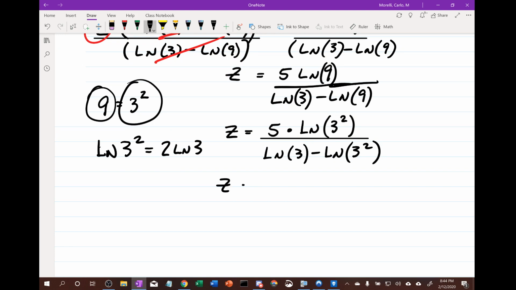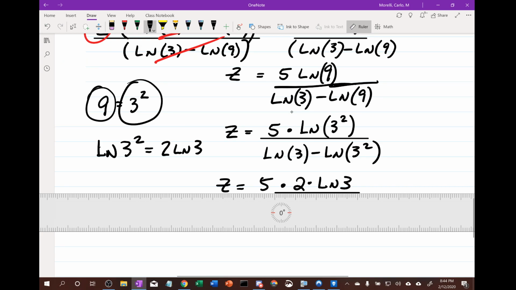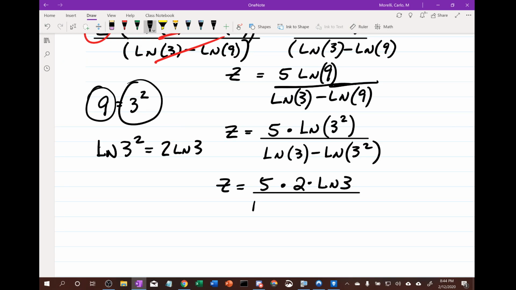So now z equals 5 times 2 ln 3, all over ln 3 minus 2 times ln 3. And what I love about this is that now I can cancel out all the ln of 3's.